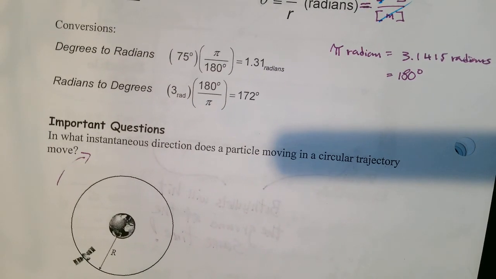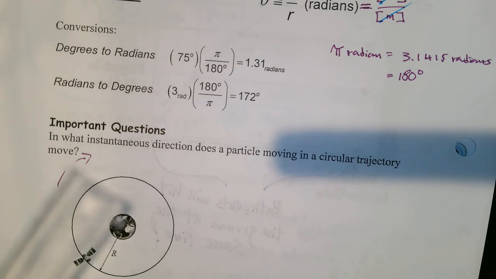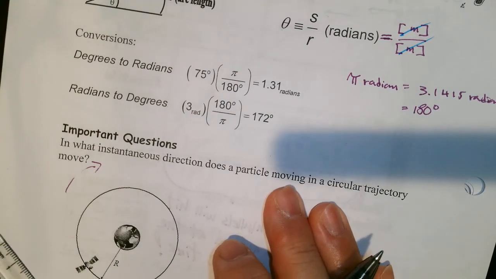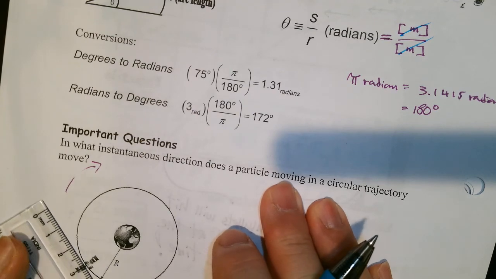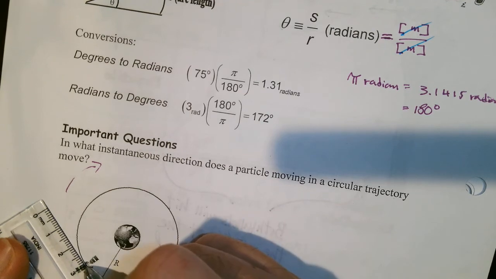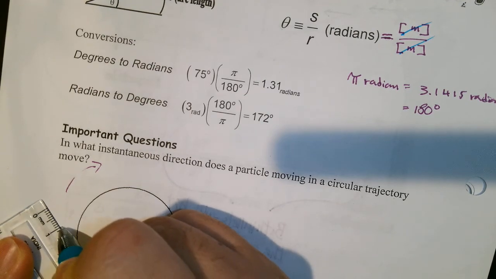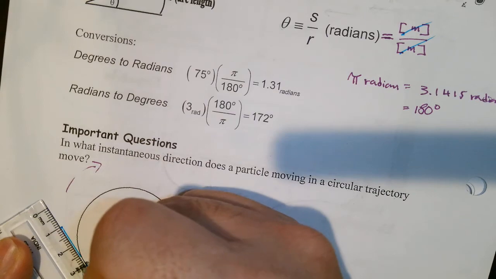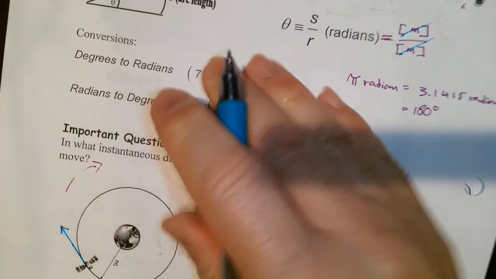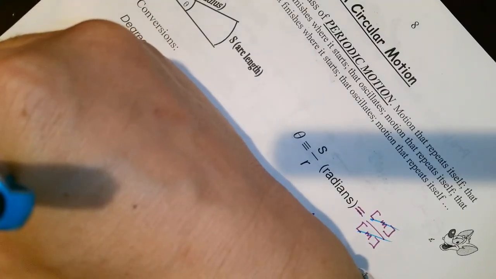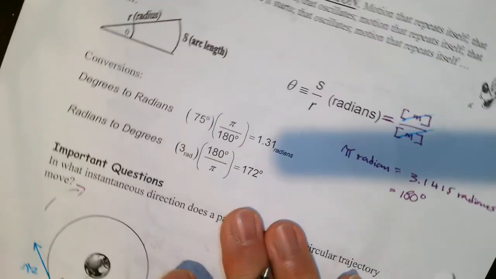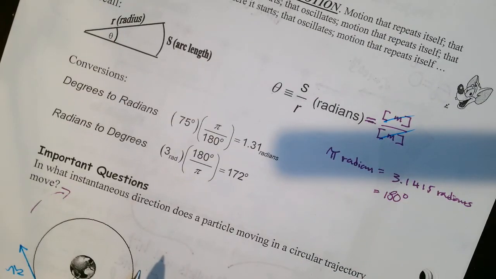Therefore, if it's moving at a constant speed, the velocity vector will always be pointing tangent to the path of a circular trajectory. So here, this would be the direction of the motion, and the motion's direction is indicated by the velocity vector, and it is tangent to the circular path.